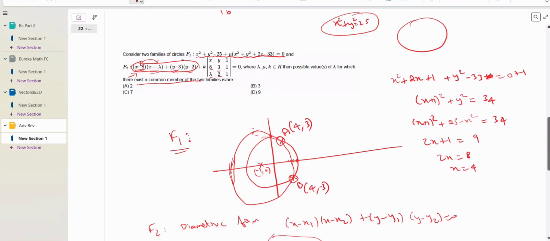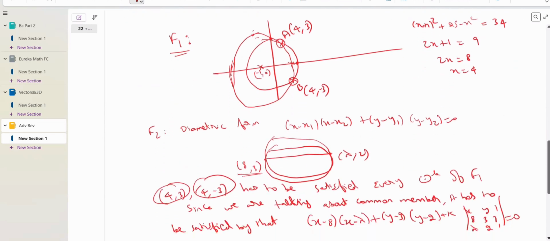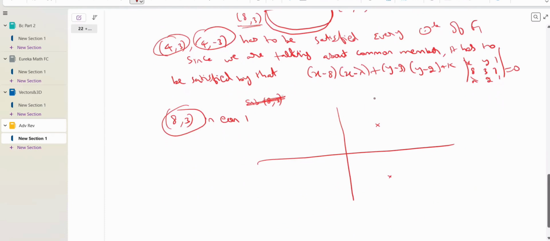Like it's not in the same order. Because if you take 8, 3, that means 8, 3 will be a point here. Okay, not a trap, sorry. I was just assuming it to be collinear, sorry. This was 4, 3, 4, minus 3, and 8, 3.